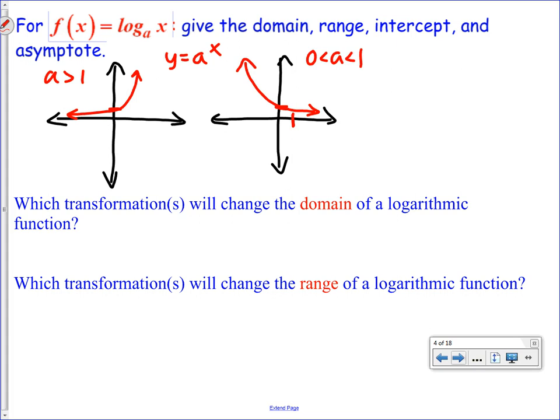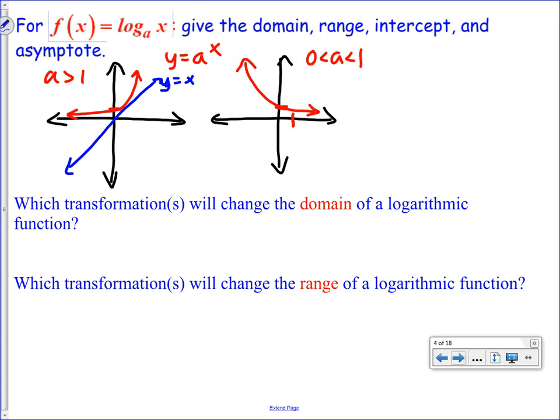Now, your logarithmic function is the inverse of your exponential function. So graphically, that means taking these two graphs and reflecting them over the line y equals x. Okay, so here's y equals x.